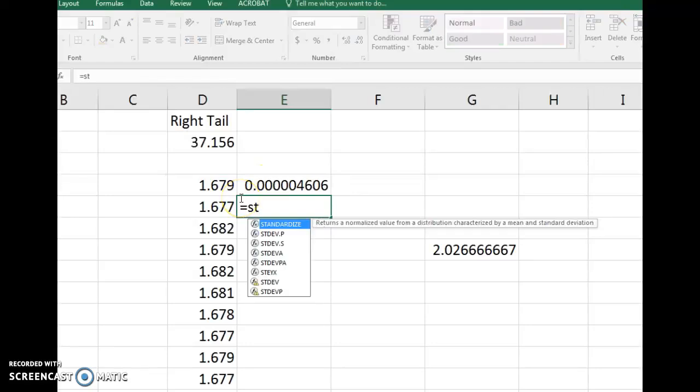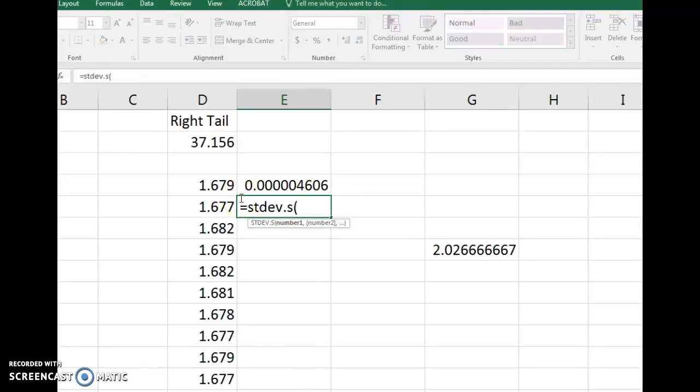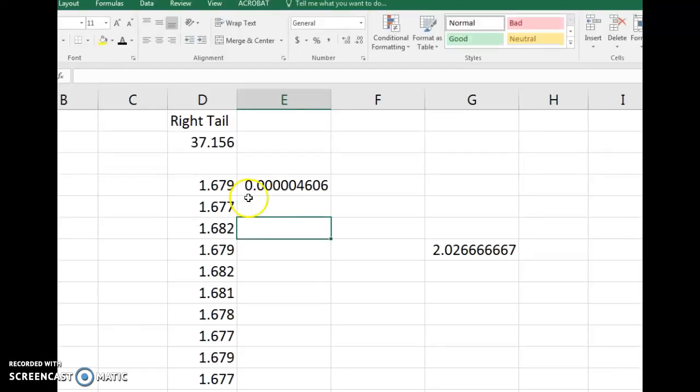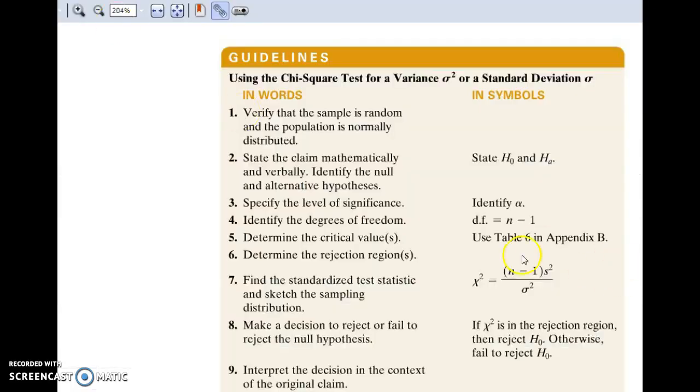Or you could use STDEV.S if you were going for the standard deviation, and again select your sample. And so I recommend going with variance, just because when we're going to use our formula here, we need to have the sample variance. So we would plug that in.